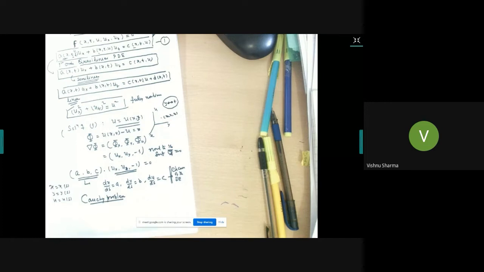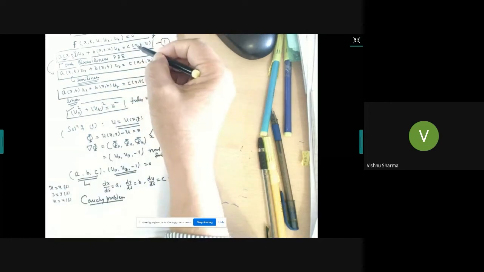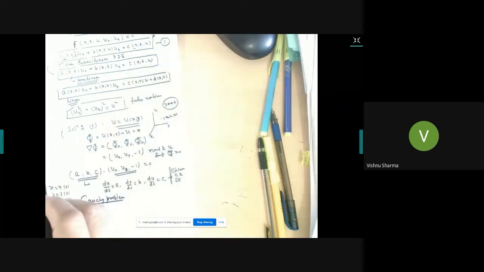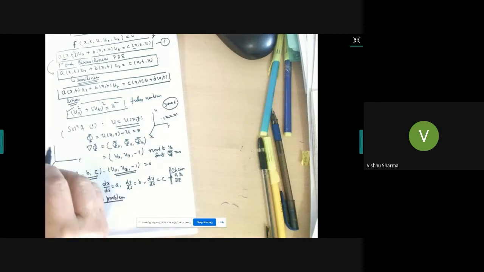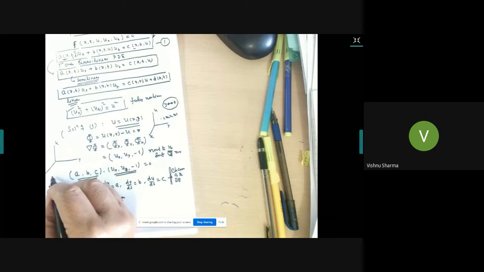What is the Cauchy problem? The Cauchy problem asks for determining the solution of this differential equation satisfying some initial condition. Let me take it geometrically. I will take t as y. So it is clear, in X, y, u space, this is the curve specified.